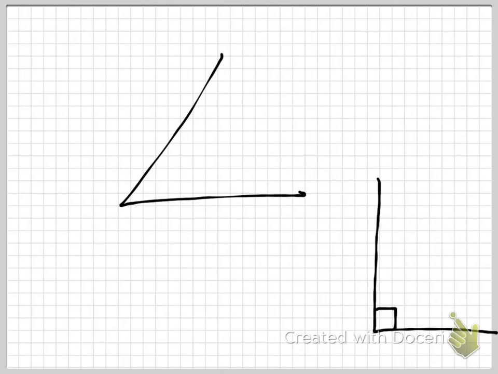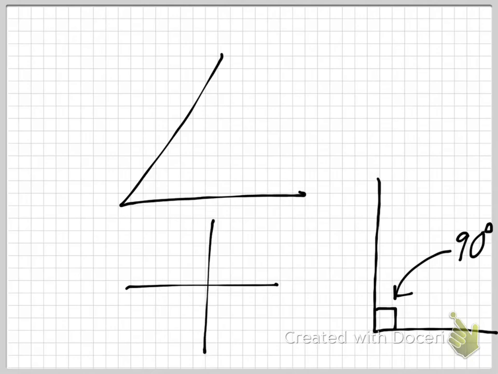The corners of a square or a rectangle. Those things form a 90-degree angle. Whenever one is perfectly flat and one is straight up and down, like something like this, those are 90-degree angles.